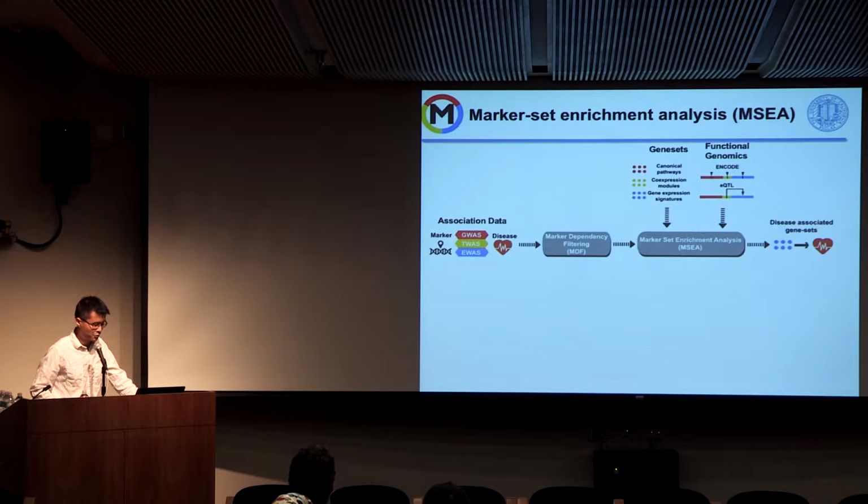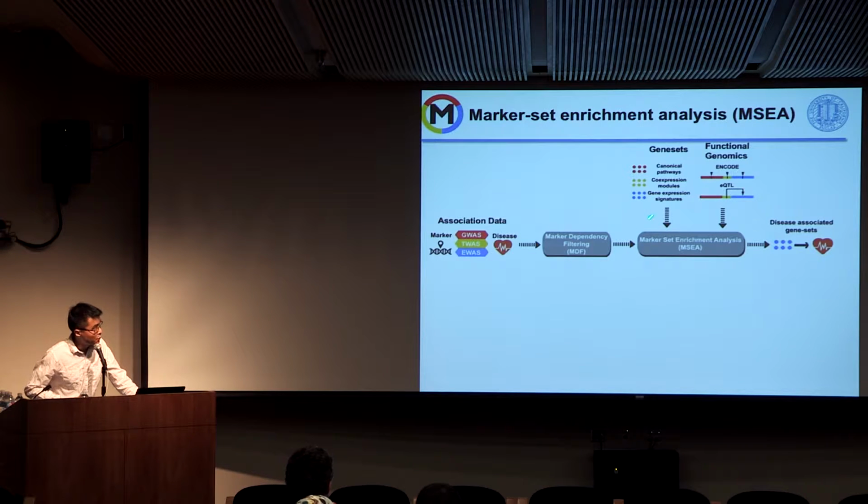Now I'm going to introduce the several analytical components of this tool, starting from the first component called marker set enrichment analysis, or MSEA. MSEA takes association data as input, including GWAS, TWAS, or EWAS, and then we have a marker dependency filtering module to prune away the dependency between markers, such as linkage disequilibrium.